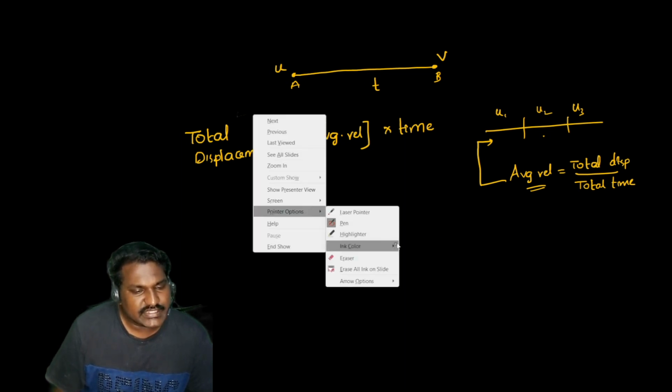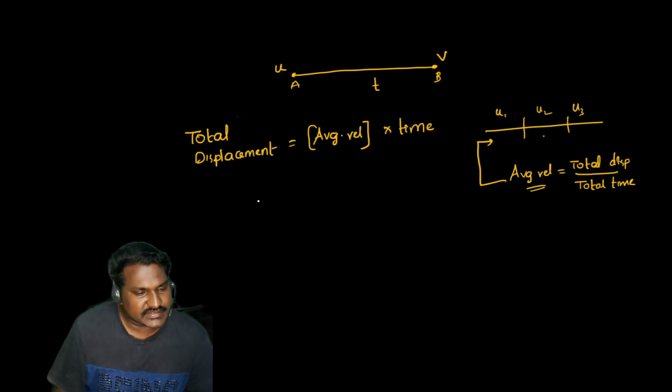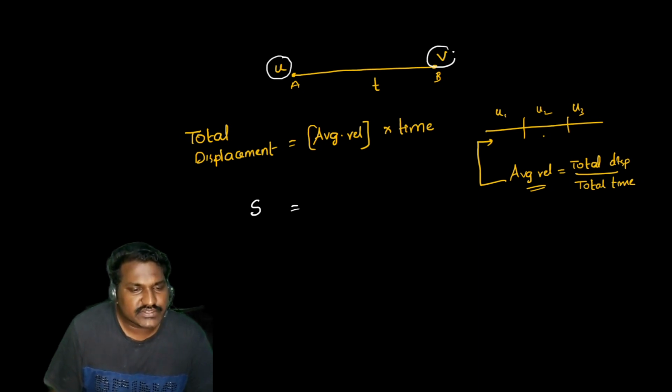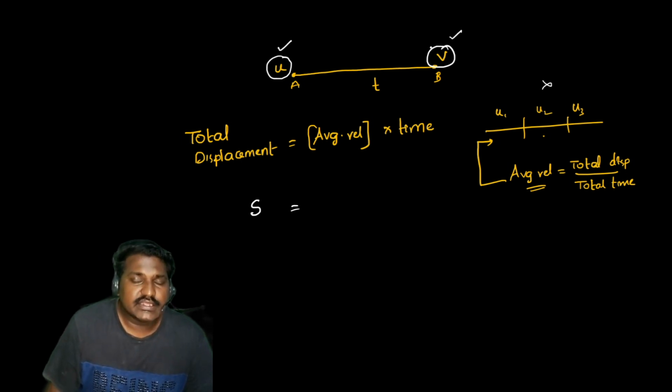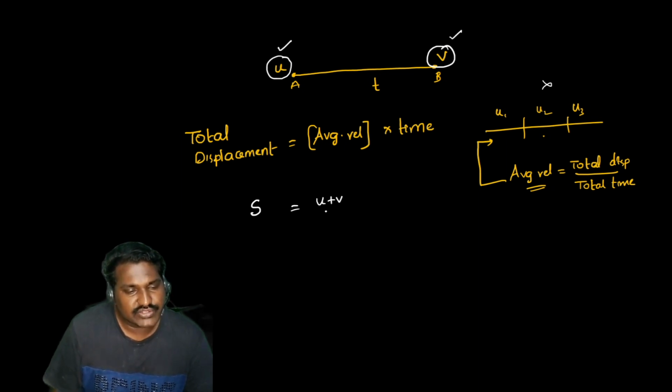Total displacement, denoted by the letter S, is equal to average velocity into time. When we have only a single path of journey, with initial velocity u and final velocity v, the average velocity is nothing but u plus v by 2, the average of the velocities, into time t.